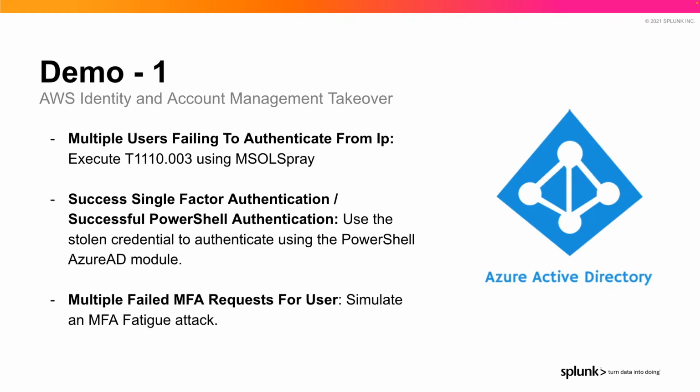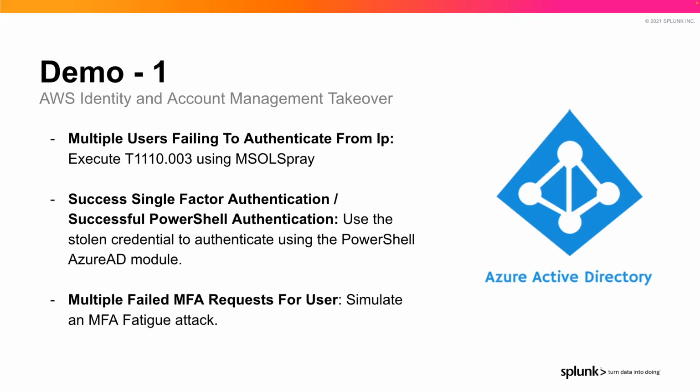This is a good sign of a password spraying attack. On the second detection that we're going to be showing, we're going to detect two things. Successful single-factor authentication. This could be interesting because in the cloud world, we want to, as much as possible, have accounts that always have MFA. Now, that may not always be possible, but we should have certain accounts, maybe administrator accounts, that will always have MFA.